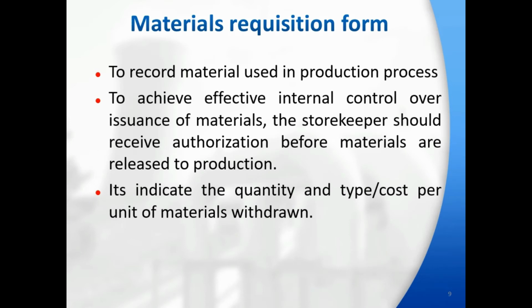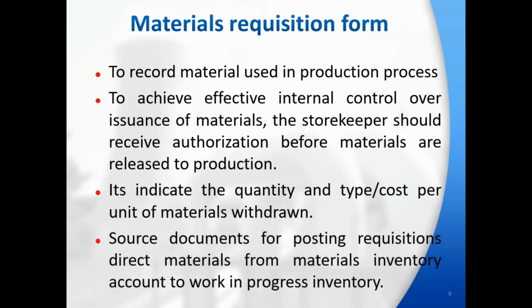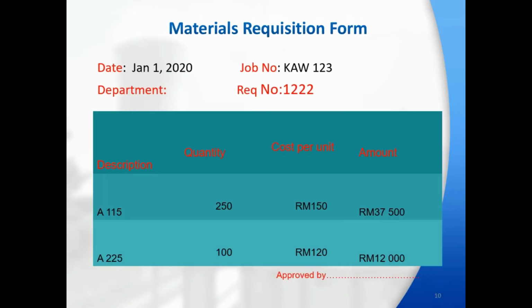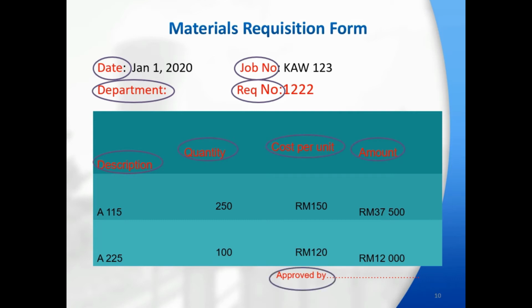It indicates the quantity and type or cost per unit of material withdrawn. It is the source document for posting requisitioned direct material from the material inventory account to work in process inventory. This is an example of a material requisition form. It consists of date, job number, department, requisition number, material description, quantity used, cost per unit, amount, and approved by.